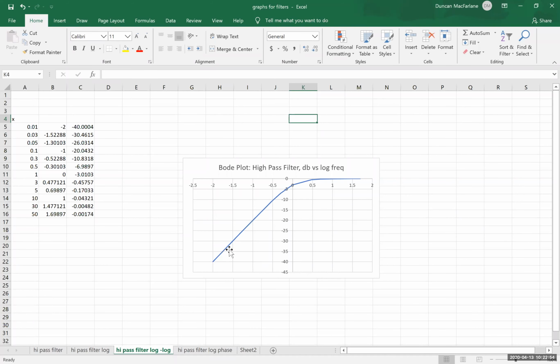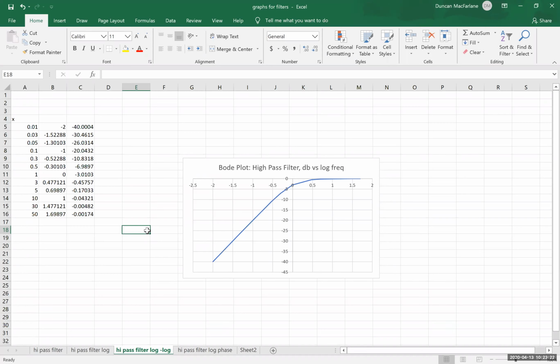So this slope here is called a 20 dB per decade slope. This is some of the terminology that electrical and computer engineers use when they're describing filter response. So mostly what I'm doing is giving you some conventions on plotting and telling you some vocabulary words.